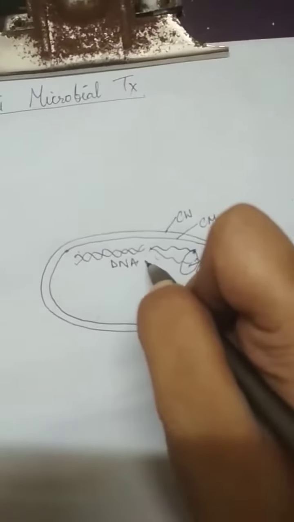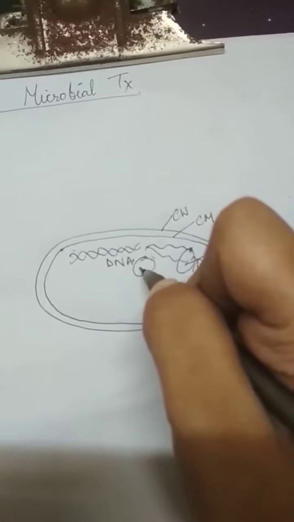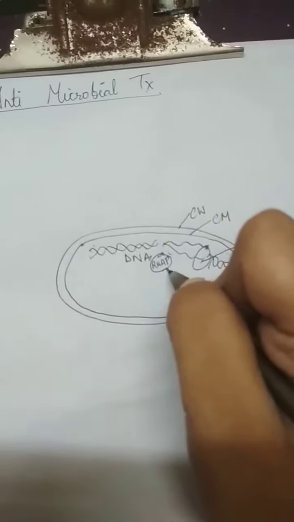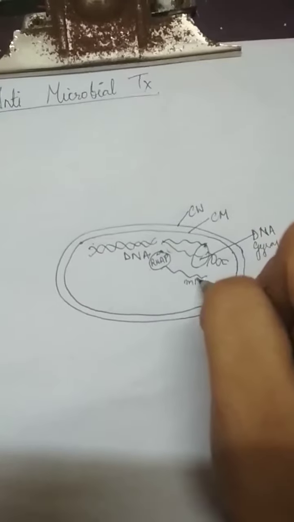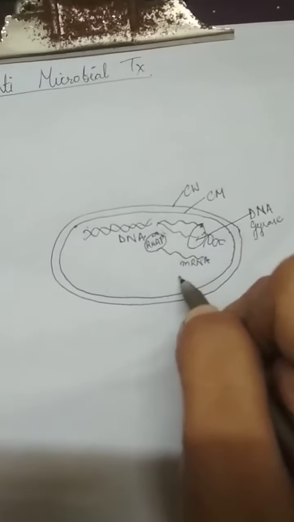Then a part of it will undergo transcription. So this is the RNA polymerase, which will make mRNA, which will undergo translation.